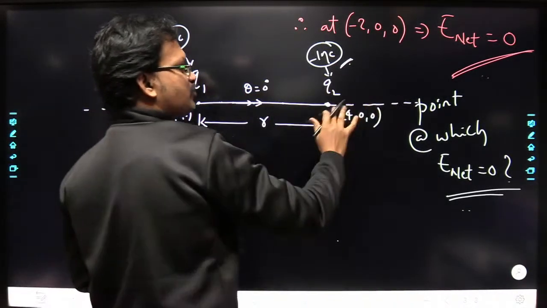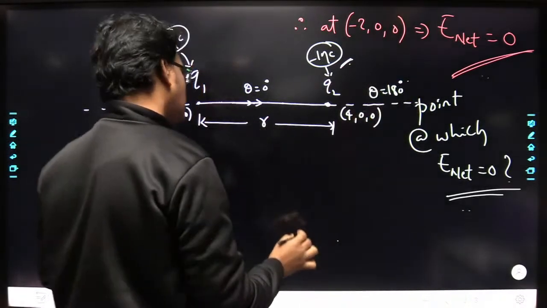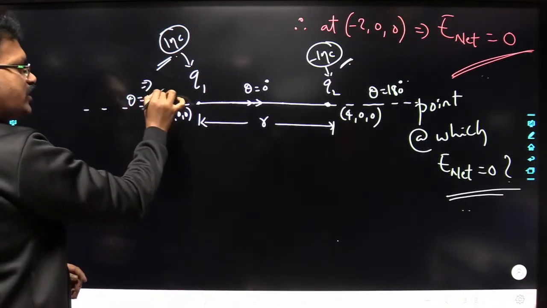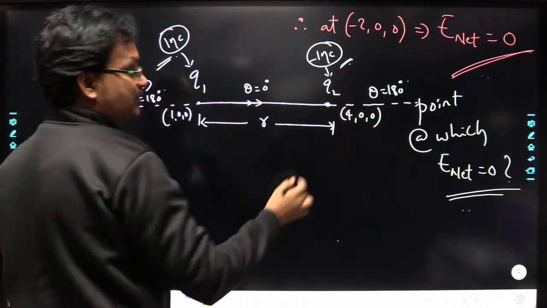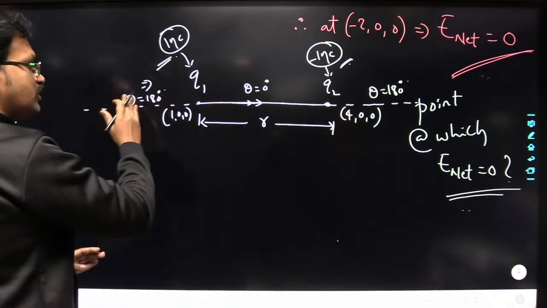For any point outside, you get theta equal to 180 degrees. So the point can lie to the right of Q2 or to the left of Q1.